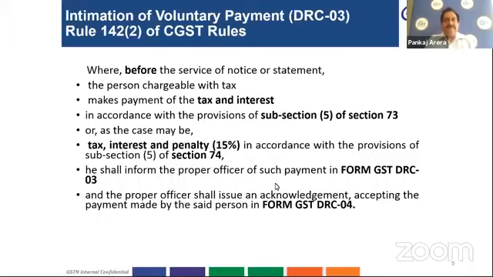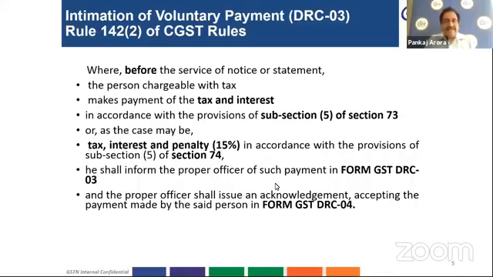And if there are reasons of misstatement or suppression of facts, then subsection 5 of section 74 will be invoked, and the taxpayer is liable to pay the tax entirely and interest and a penalty amount equal to 15% of such tax.